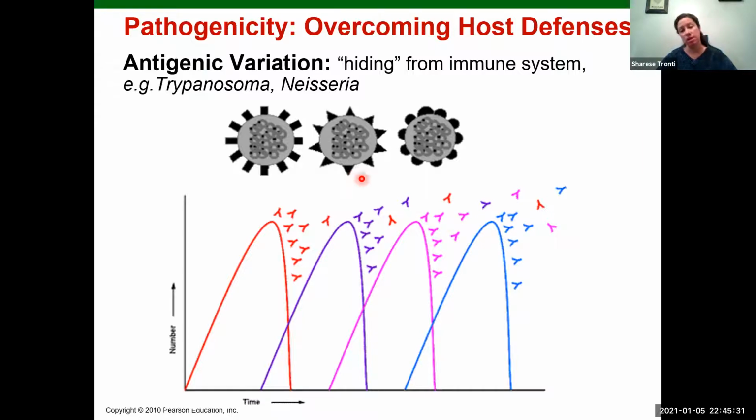Eventually, the immune system catches up, makes antibodies against that new antigen, and is able to kill that microbe, which will then evolve again. So this is the process of antigenic variation. It's constantly changing and evolving its antigens so that it can evade the immune system.